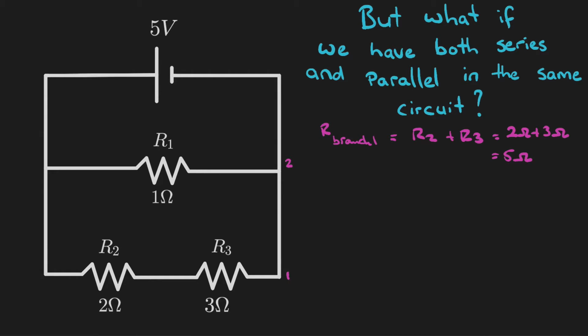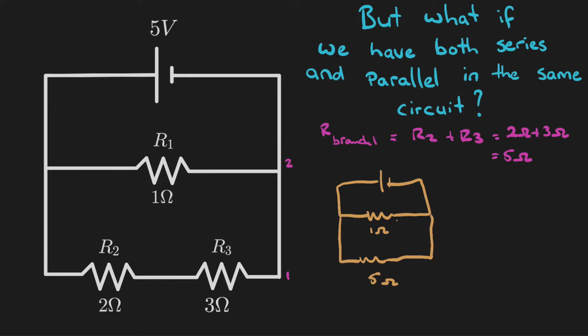Okay? So now we just have a similar parallel circuit like we did before. Branch 1 is equal to 5 ohms. And R1 is still equal to 1 ohm. Okay?